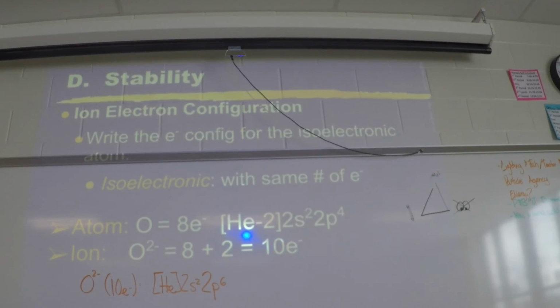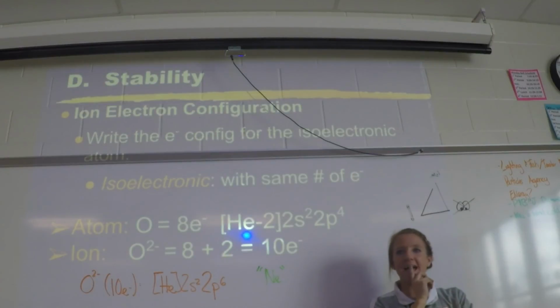Neon. So what we say is this is isoelectronic with neon, because neon's configuration would look exactly the same. Does this mean oxygen is turned into neon? No. Electrons are just behavior. What would I have to do to change it into neon? The proton number would have to change, and that's nuclear chemistry, which takes a lot more power.